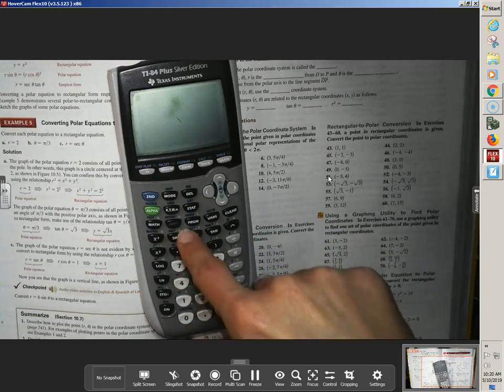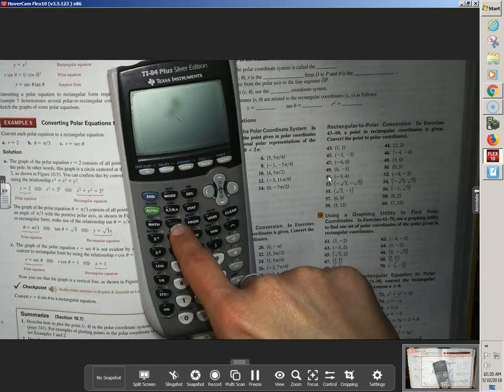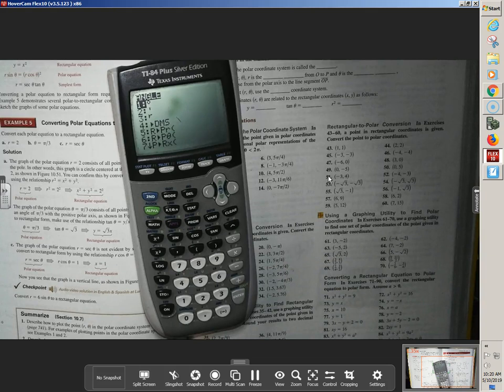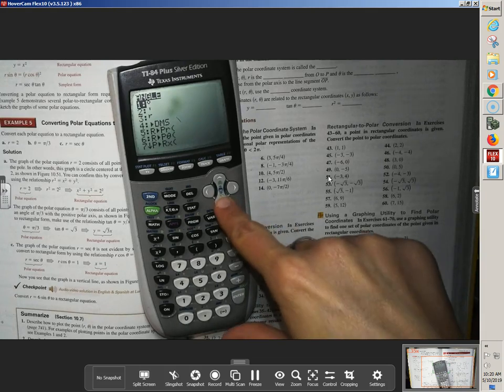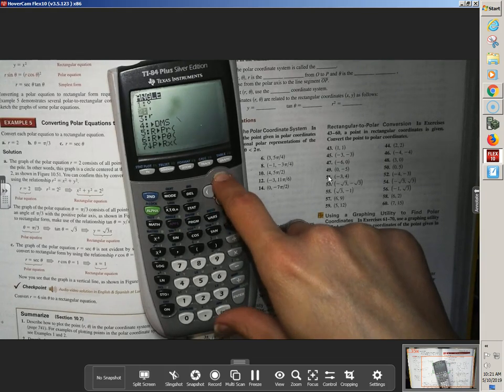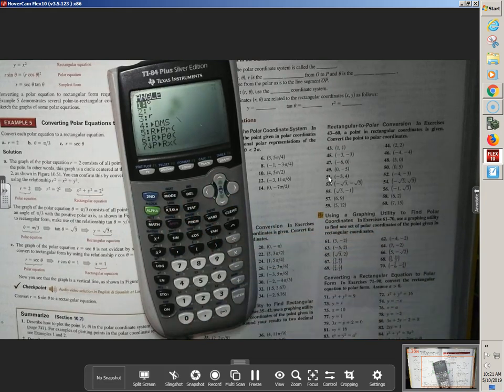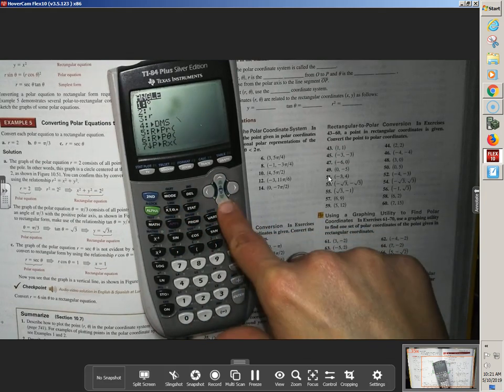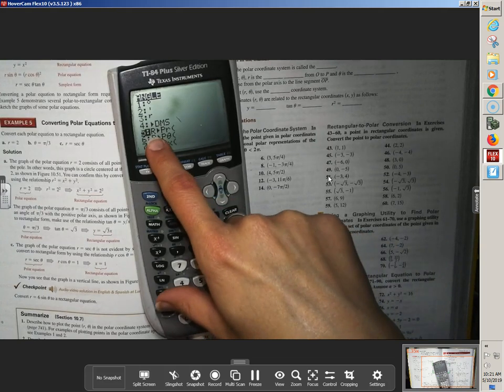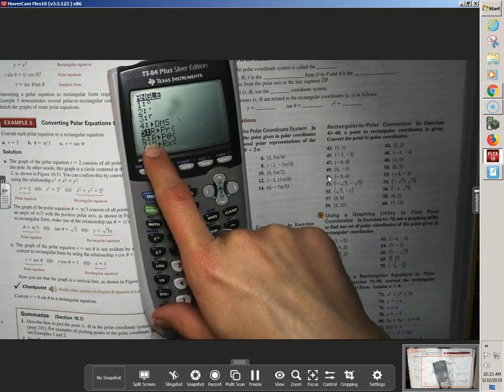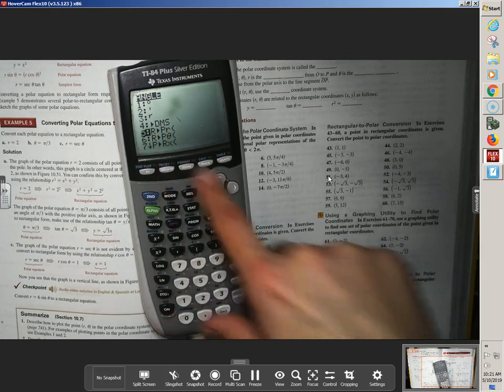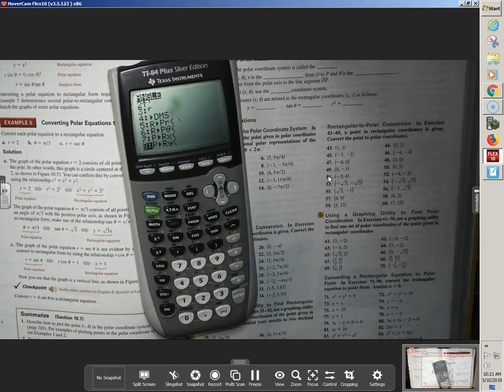Got it. Do you guys see this nifty little second apps angle thing where we used to go get the degrees and the minutes? Remember him? Do you see something like R to P and R to P and P to R and P to R? Why would they have two?